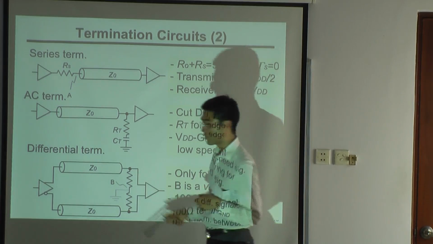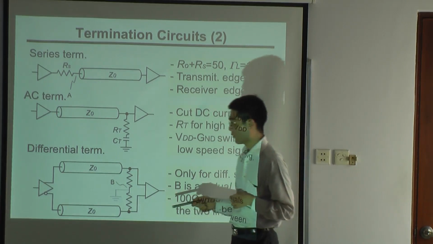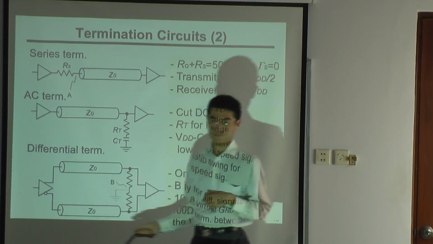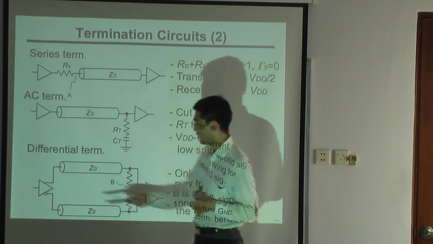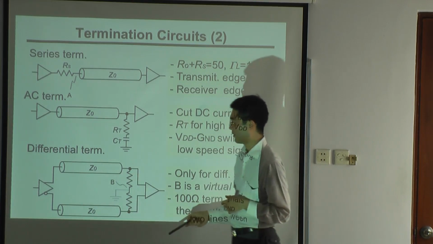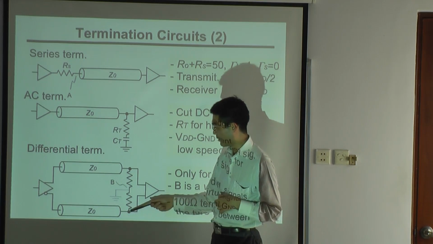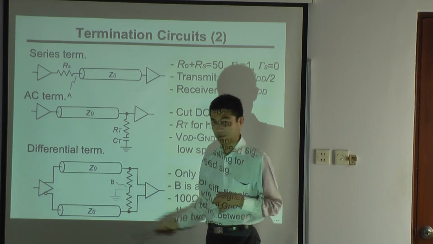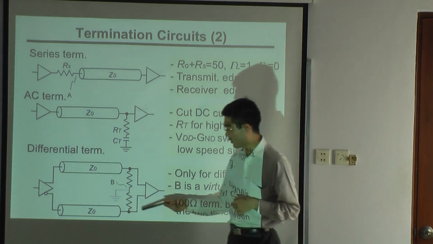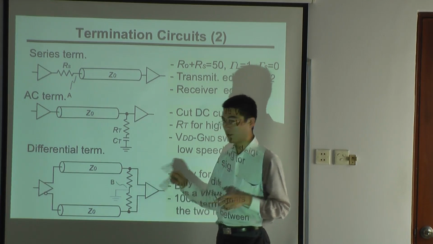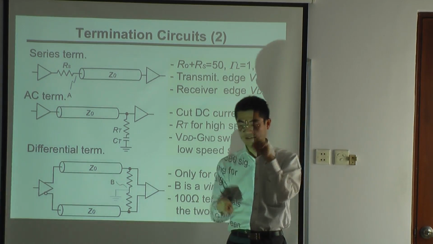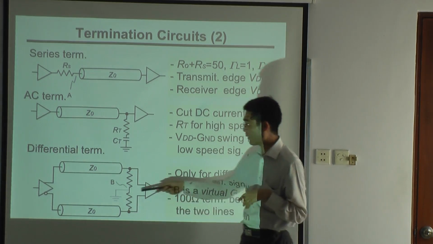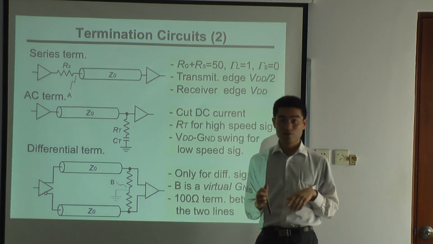And for differential terminations, we often send the data and data bar. For the data and data bar case, let's say we have 50 ohm to virtual ground and 50 ohm to ground. Because both of these signals are always balanced, the center point is virtual ground.